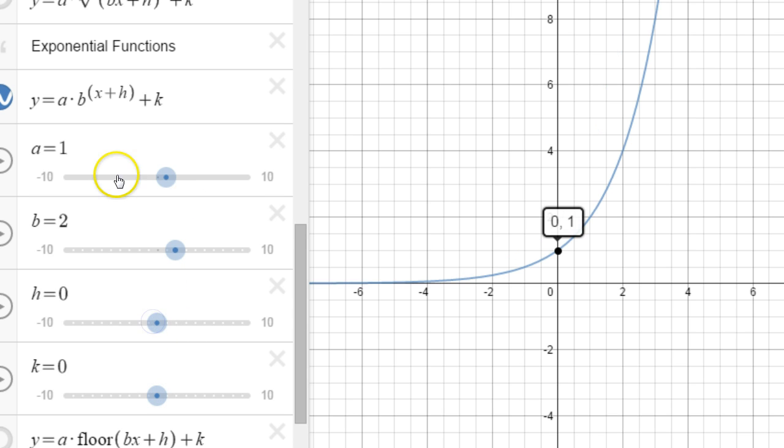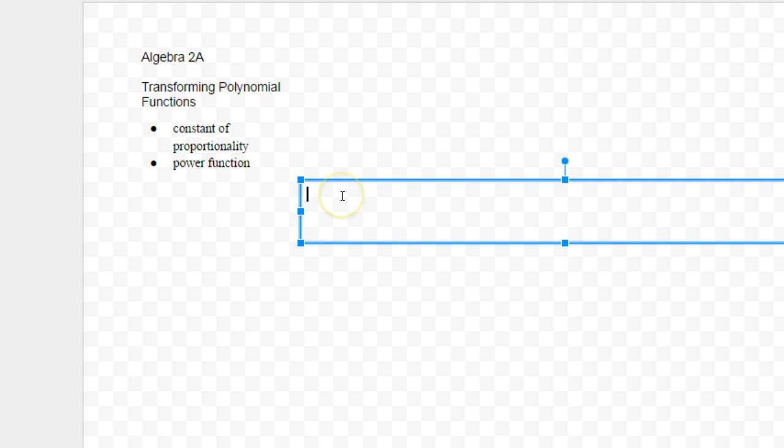Alright. So that's pretty much it for working with families of functions. And just remember, this is the constant of proportionality. And remember, if y equals a x to the b power, then y varies directly with, or is proportional to, the bth power of x. So this is something else that you could say about it. For example, y equals a times x to the bth power.